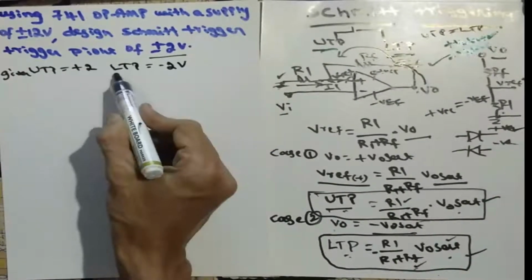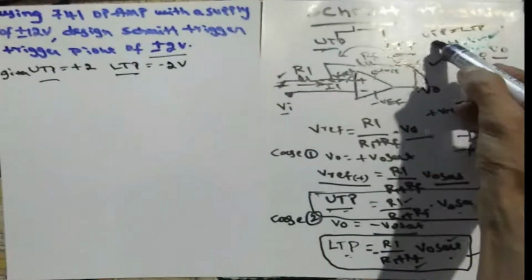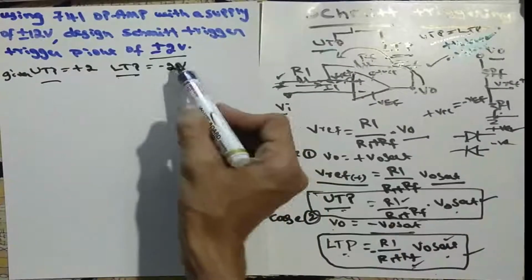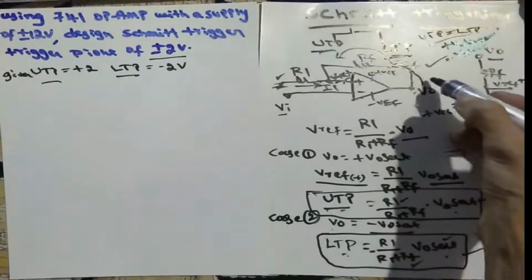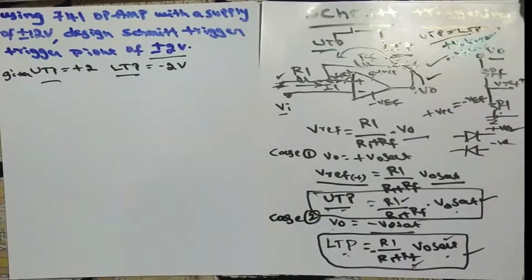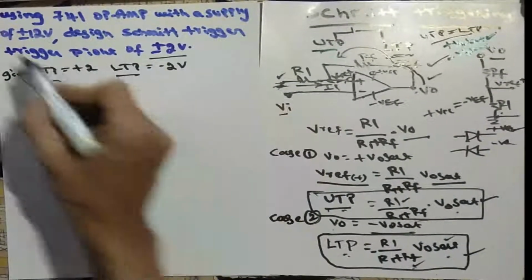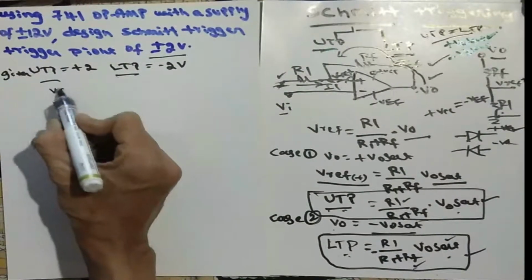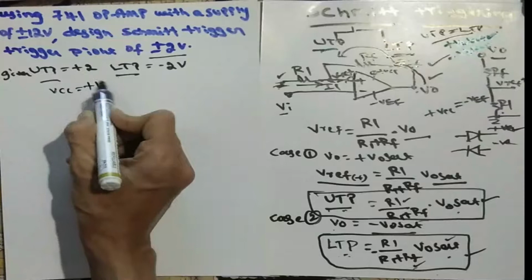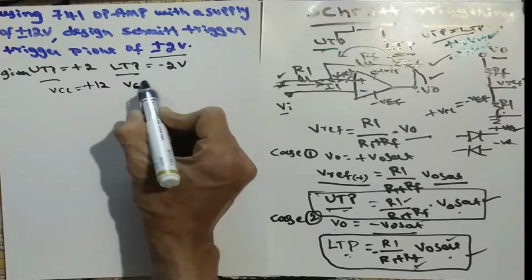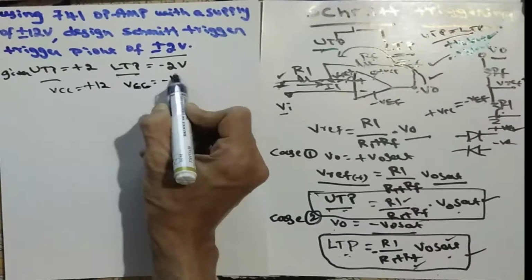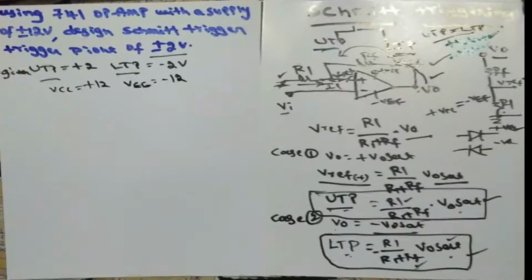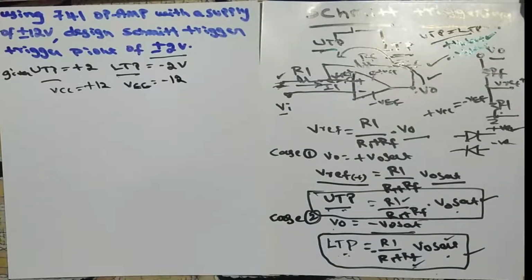Here UTP and LTP are equal in magnitude, so we have to use the first type of circuit. The supply given is plus or minus 12 volt, that is, VCC is plus 12 and VEE is minus 12.